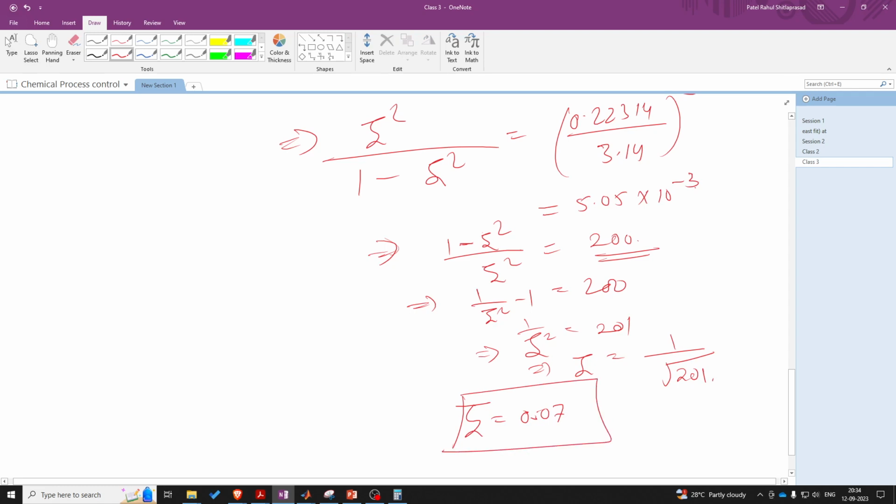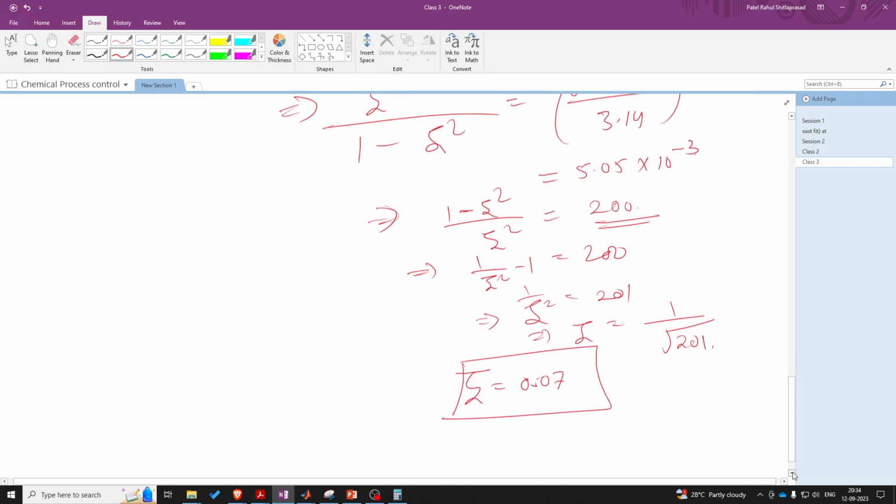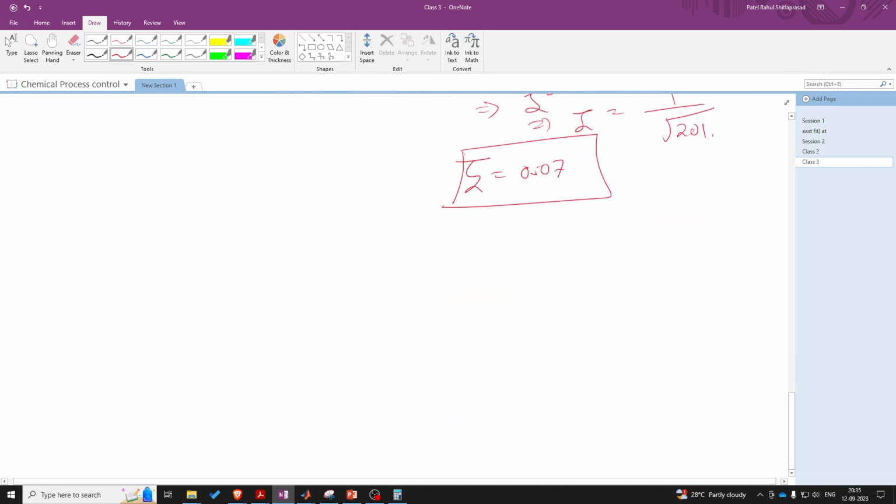So now we have found this damping coefficient, and the other information from the plot that we had calculated was that the time period of oscillations was 100 seconds. Now we'll be using these two pieces of information in order to find tau. The formula for the time period of oscillations was 2 pi tau upon under root of 1 minus zeta square, which is equal to 100.